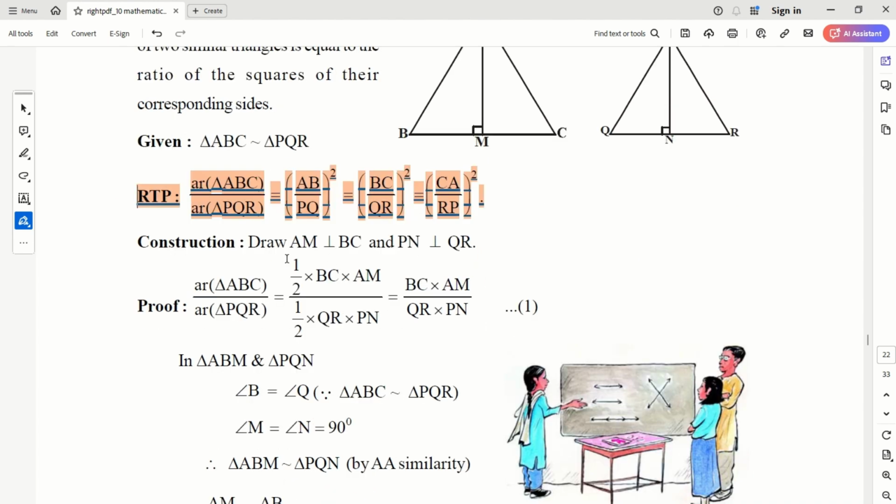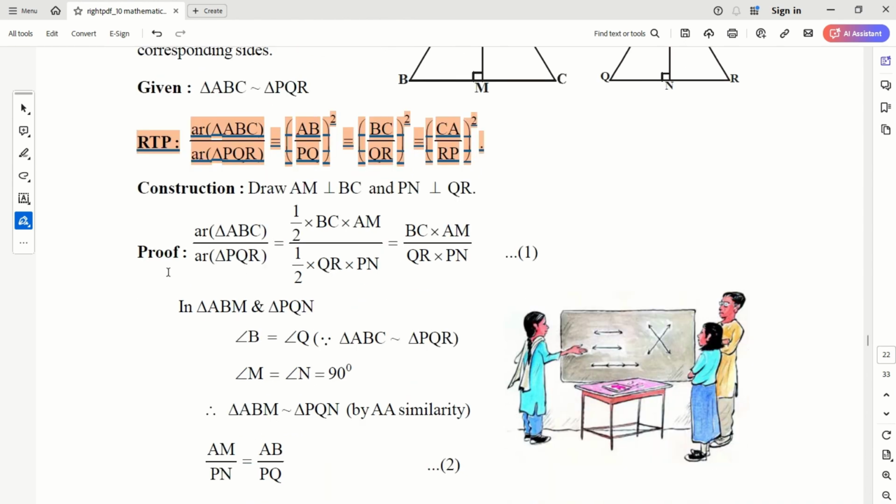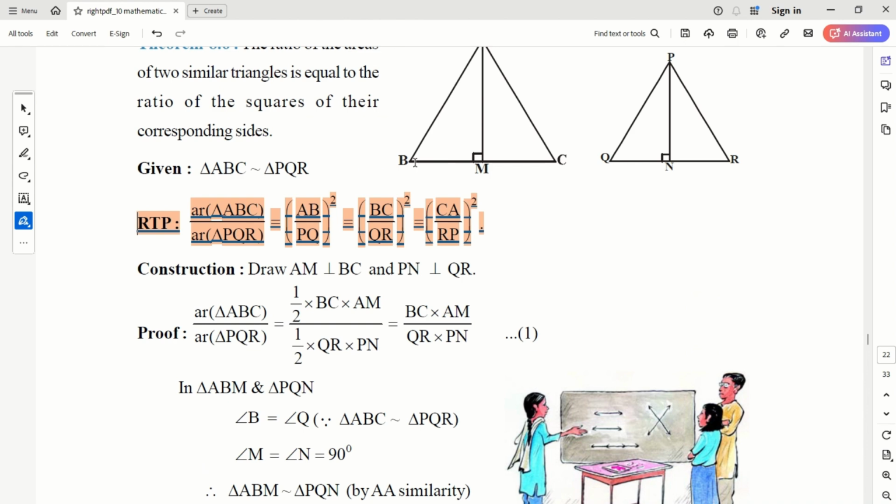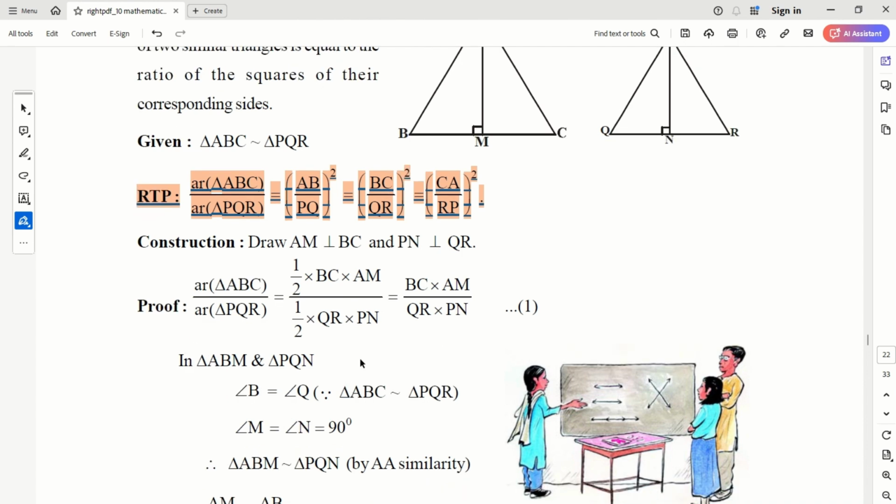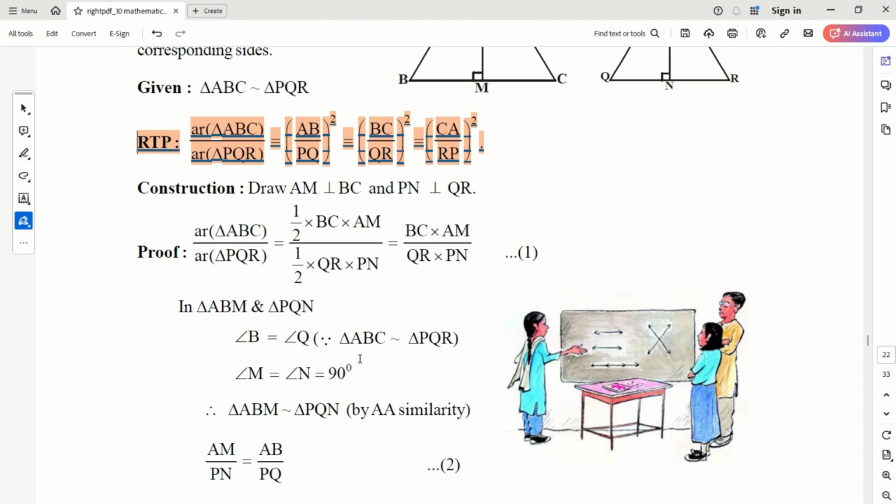Okay, now let's see. We are drawing the perpendicular lines, and then area of ABC by area of PQR is nothing but half into base into height, half into BC into AM, and half into QR into PN, right? Which is equal to, half gets cancelled, BC by QR and AM by PN. And AM by PN are the perpendicular lines, which will be in the same ratio as BC by QR, correct? AM by PN is nothing but equal to BC by QR, right?